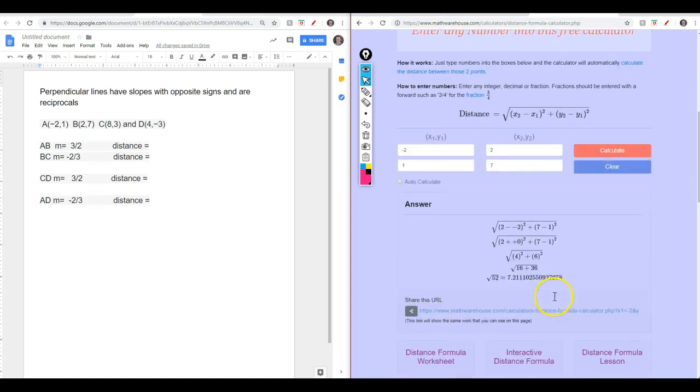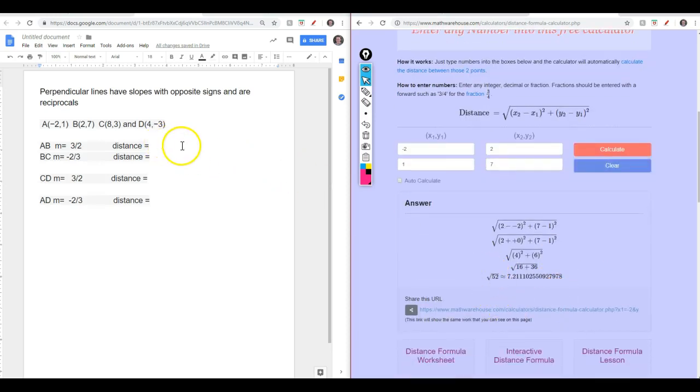Click calculate, and this has the exact value, which is the square root of 52, approximately 7.211. I'm not sure which way the answers are given. So now point B was at 2, 7.